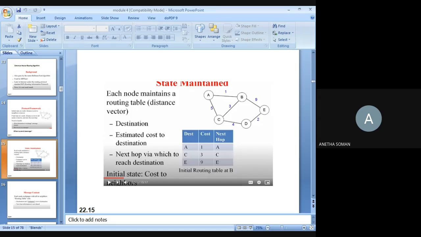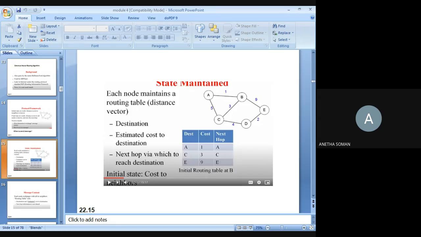Now, the third field is the next hop. The meaning is through which router or which node it has to reach the destination. Right? So these are the things that are present in the routing table. Understand? You are having a network.